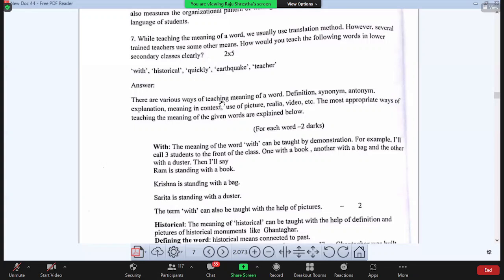There are various ways of teaching meaning of a word: definition, synonym, antonym, explanation, meaning in context, use of picture, real video, etc. The most appropriate ways of teaching the meaning of the given words are explained below. We have to write the answer exactly in this pattern.